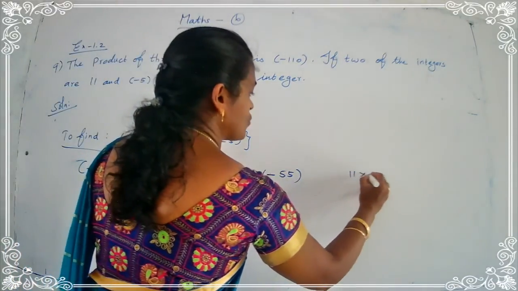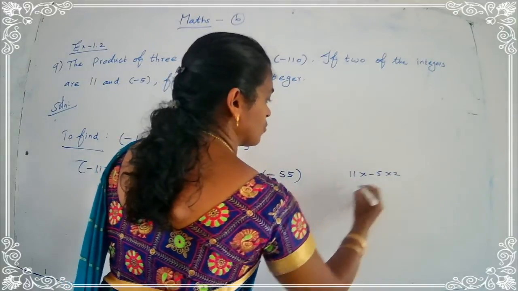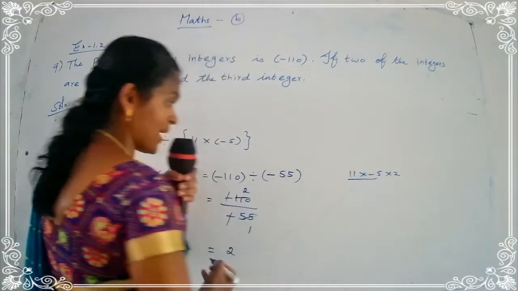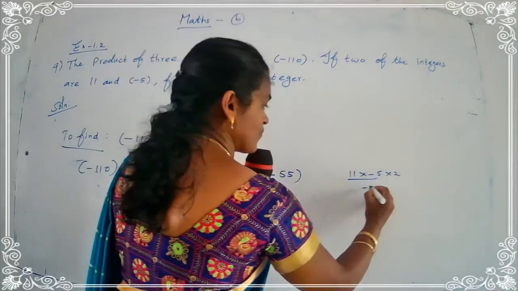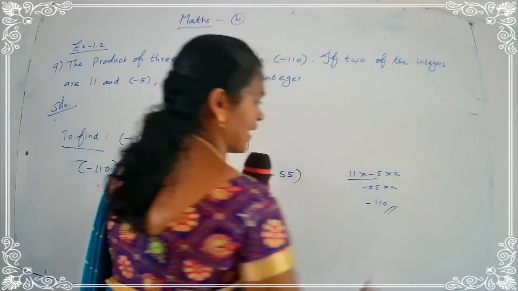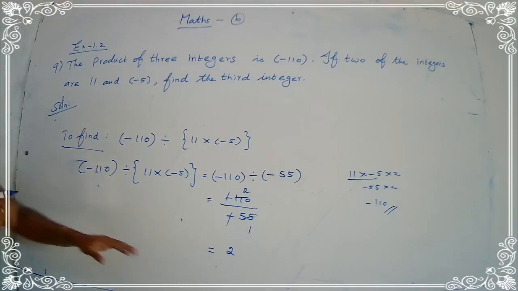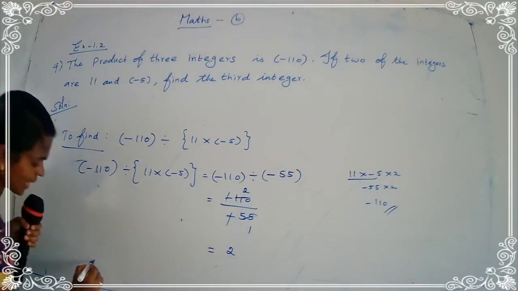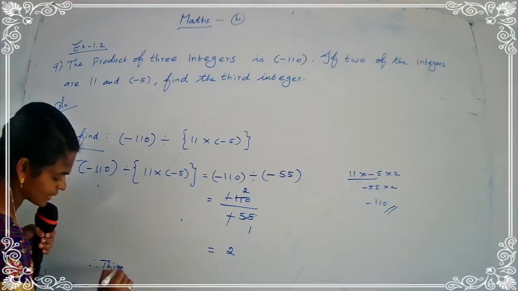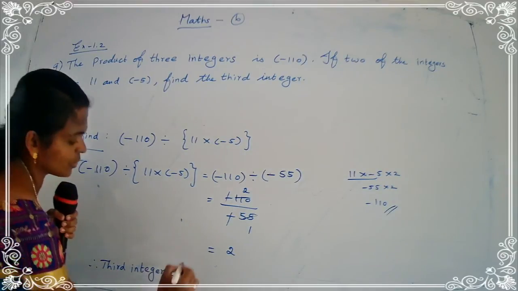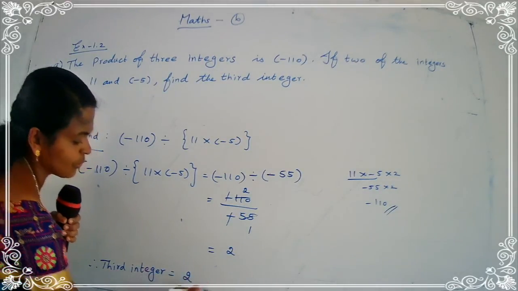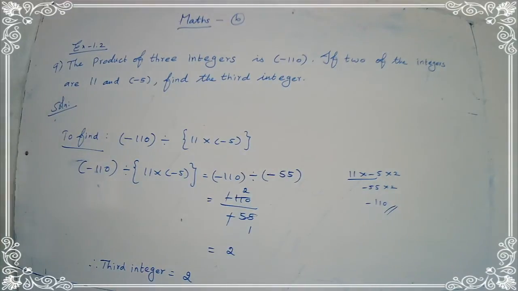Now you multiply 11 into minus 5 into 2. What is the answer? 11 minus 5 are minus 55 into 2, your answer is minus 110. It's clear? Yes. So therefore the third integer is equal to 2. Okay children?